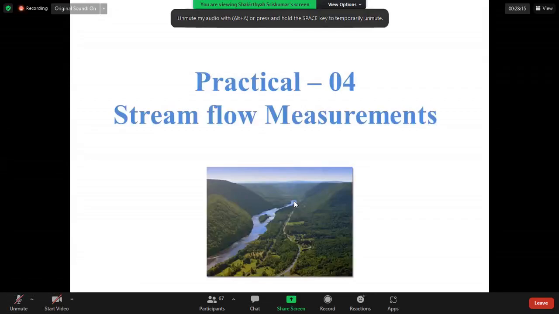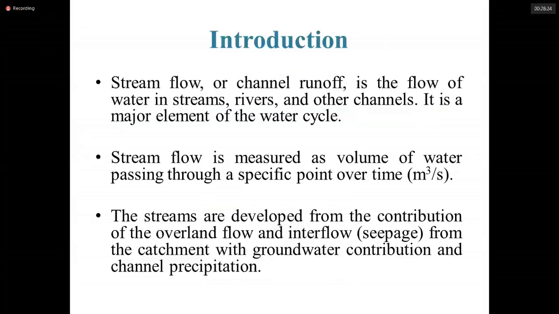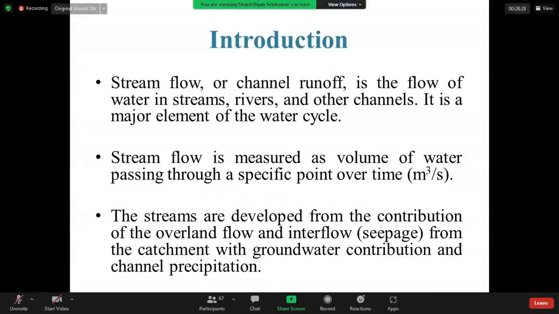It's the current flow of water. Yes, the amount of water flowing through that stream is stream flow. So stream flow or channel runoff is the flow of water in streams, rivers and other channels.